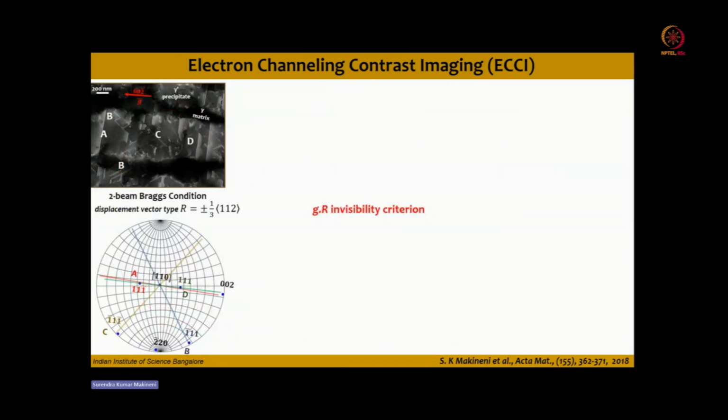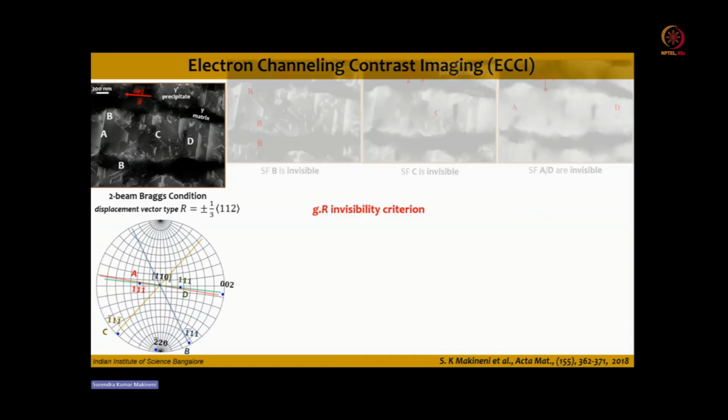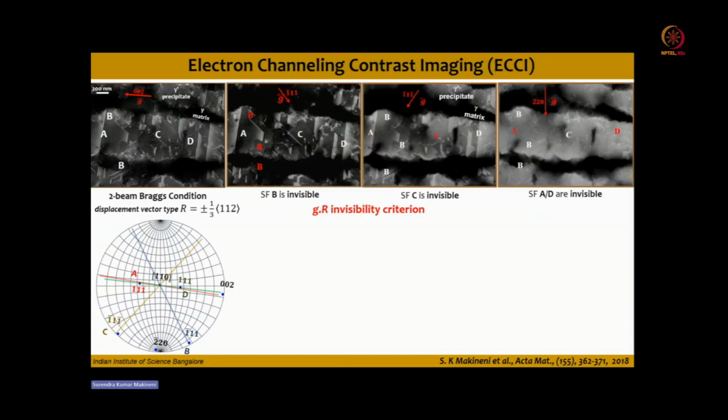So usually in these alloys the displacement vector is 1/3 112, and we can do the similar g dot b or g dot R invisibility criteria as can be done in the TEM. Fine. So you can see that here in the 1 bar 1 condition, your stacking fault B is invisible. Okay.